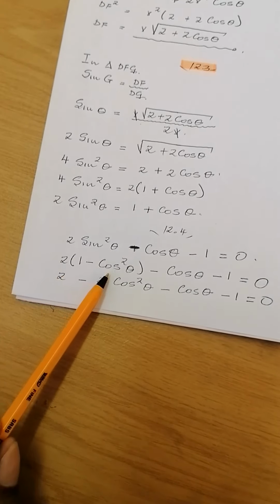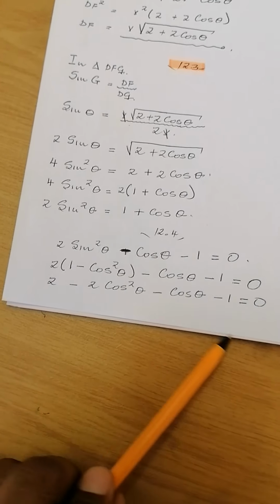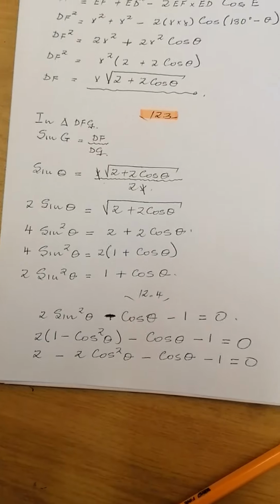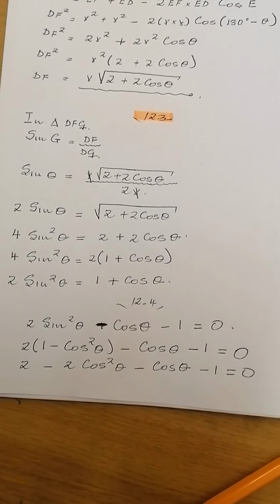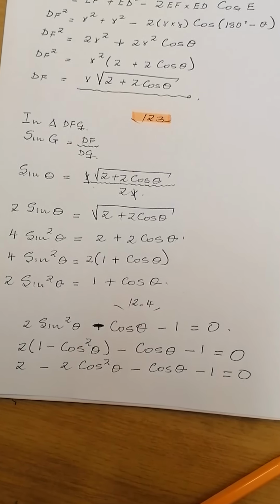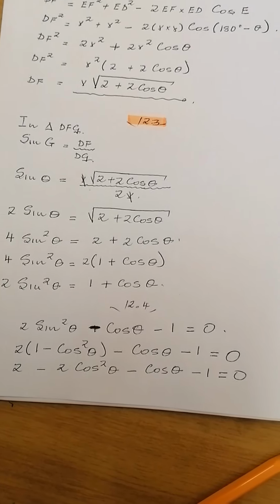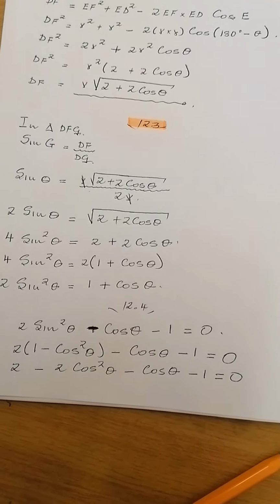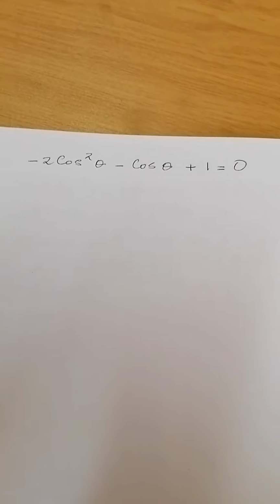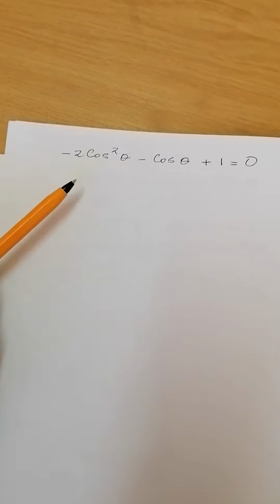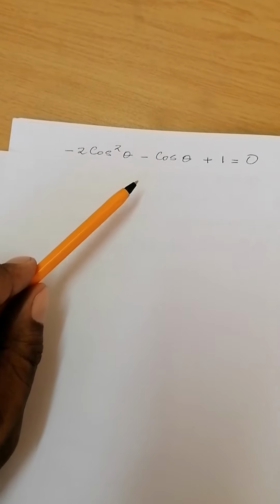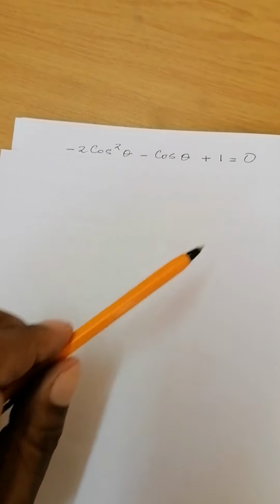I removed the brackets by multiplying. It became 2 minus 2 cos squared theta minus cos theta minus 1. I therefore added the like terms. When you add the like terms, you get minus 2 cos squared theta minus cos theta plus 1, which is equals to 0. It is now a quadratic equation.